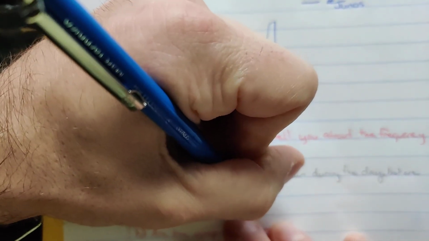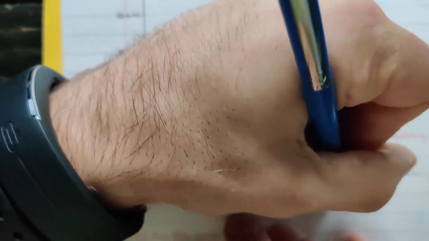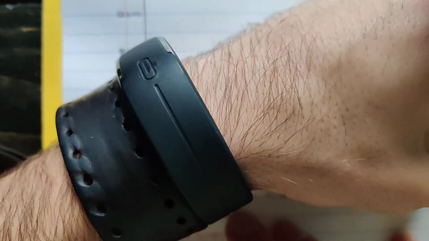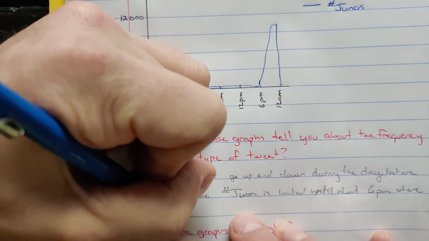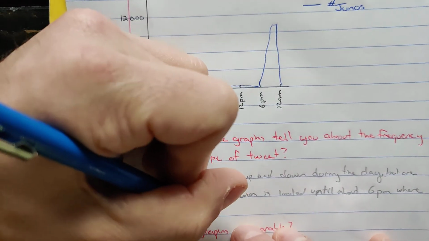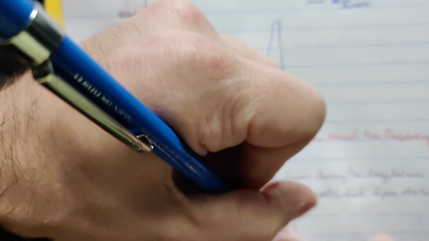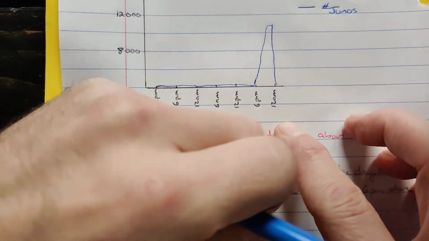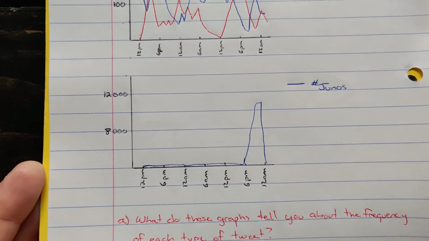Hashtag Junos is limited until about 6 p.m., where it spikes until 12 a.m. Middle of the night is 12 a.m. So that's a basic description of it, and we can see those patterns.